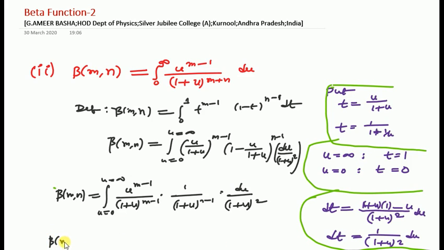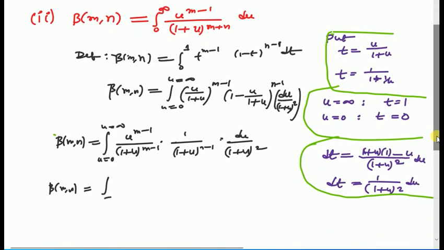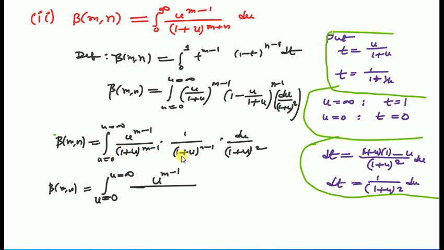So Beta(m,n) will be equal to the integral with limits from u equal to 0 to infinity. In the numerator I have u^(m-1), divided by the denominator 1+u, 1+u, 1+u.